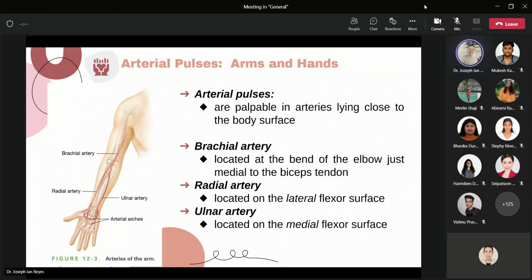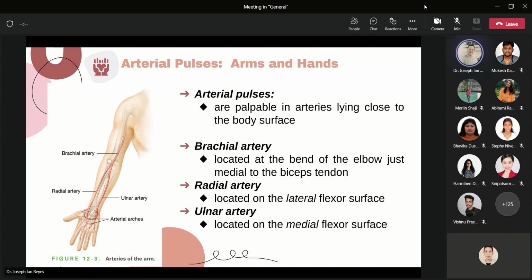But I want everyone here present to try to locate your different pulses. Can you do that now? Try to locate your brachial artery. It is in the bend of the elbow, just medial to the biceps tendon. I know it's difficult, but you can still feel it.